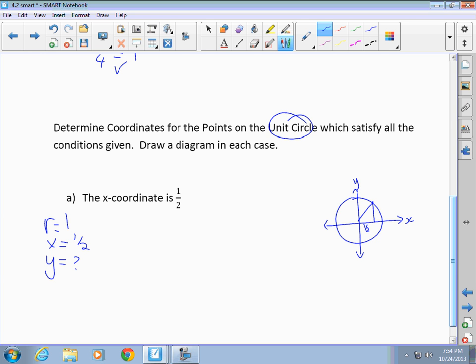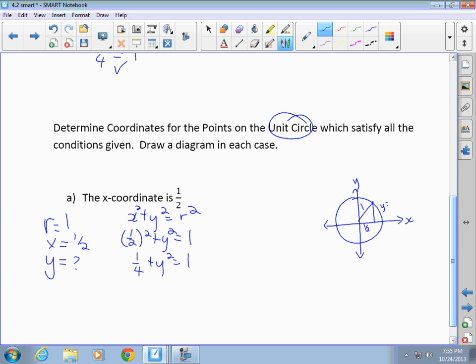I don't know my y. And my r is equal to 1. Okay, so now when I substitute, I have x squared plus y squared is equal to r squared. So my x is 1/2 squared plus y squared is equal to 1 squared, which is just 1. So I have 1/4 plus y squared is equal to 1.